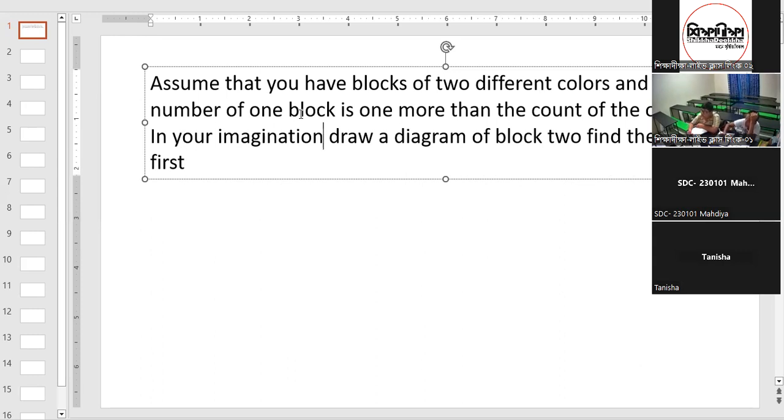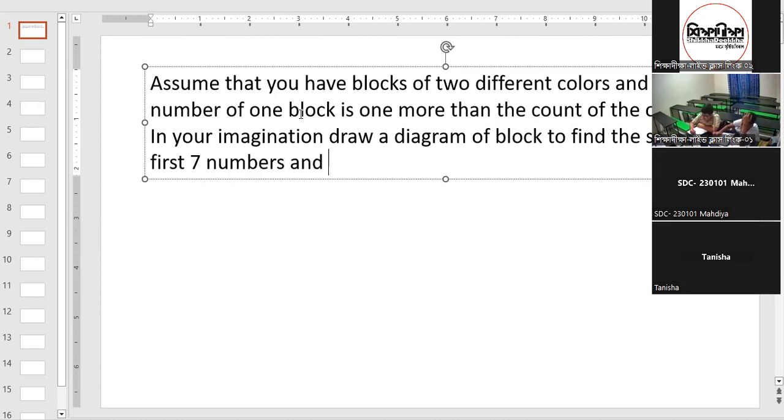In your evaluation, draw a diagram of block to find this thing here. Yes, thank you. To find the sum of the first seven numbers.